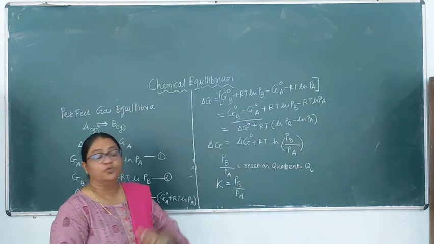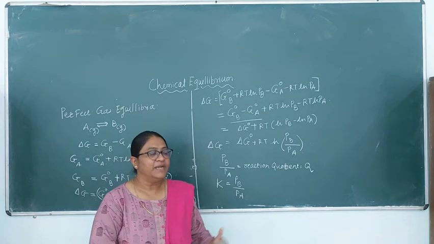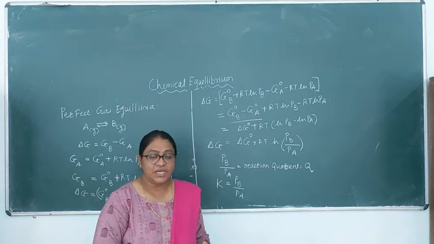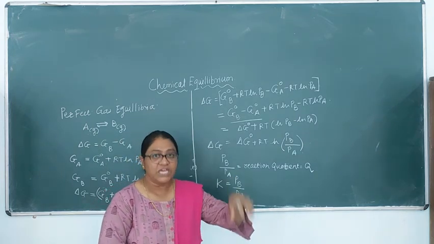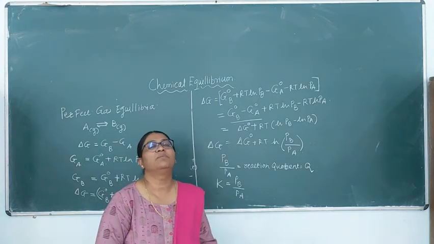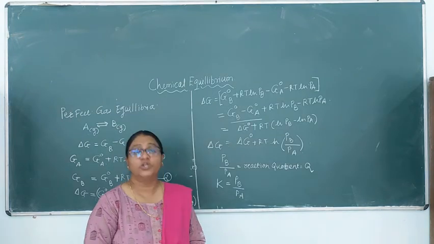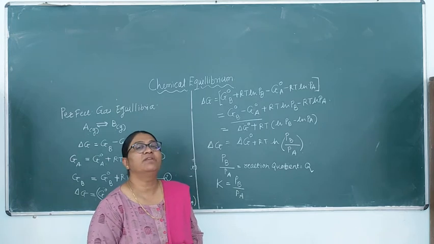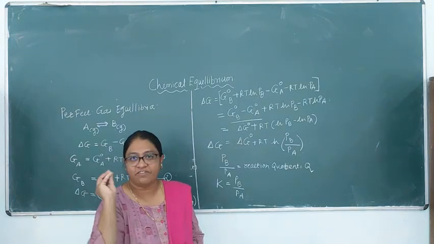But this Q, the reaction quotient, is useful to decide whether the forward reaction or the backward reaction is favorable for reaching equilibrium. So from the value of Q, we can decide which reaction is favorable to attain equilibrium.